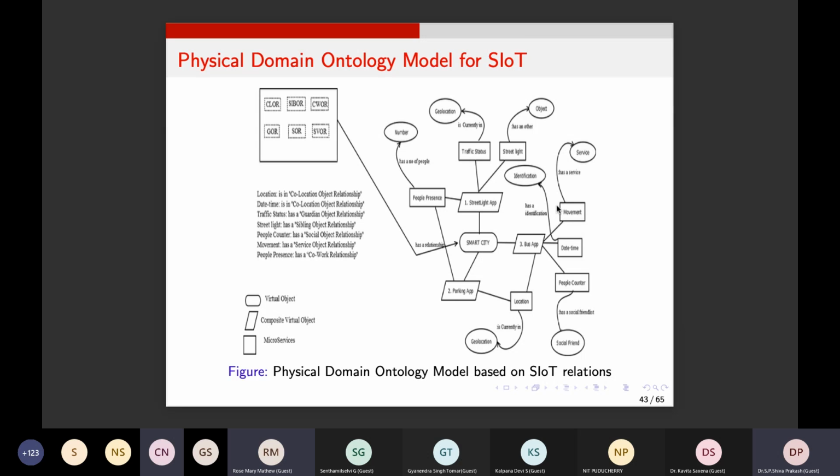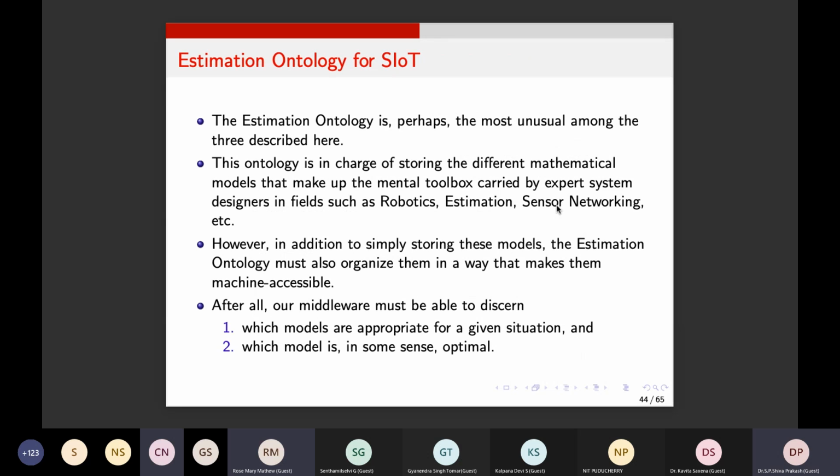Okay, and the third one is the estimation ontology. So here, this is in fact the most unusual ontological model, right?